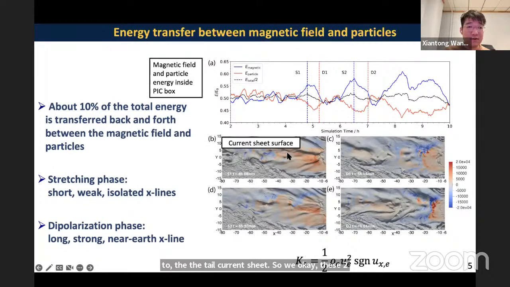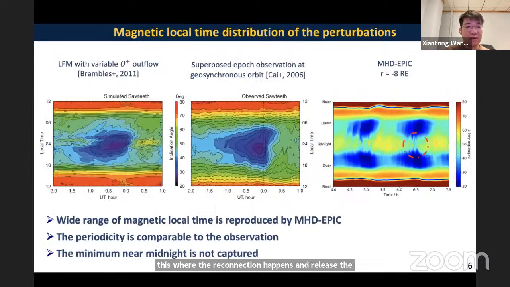On the left two columns, they're what we identified as the stretching phase, where you see a lot of short and weak isolated X lines in the distant tail. But when the sawtooth oscillation is really happening, we observe this dipolarization phase in the magnetosphere, where you can see a long, strong, near-Earth X line, and this is where the reconnection happens and releases the magnetic field energy loaded from the solar wind.